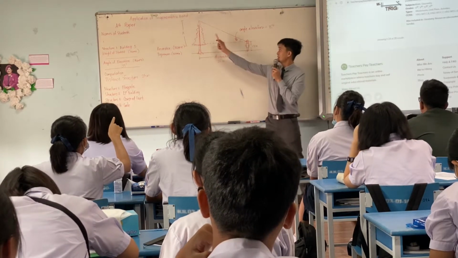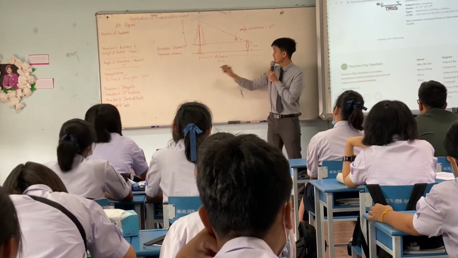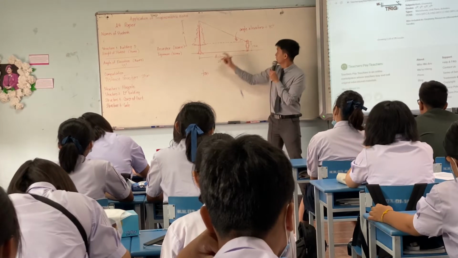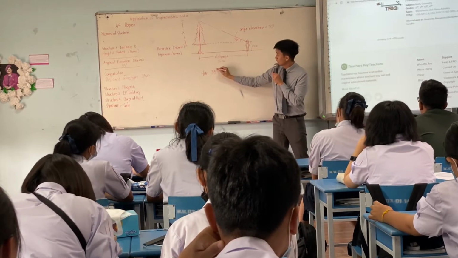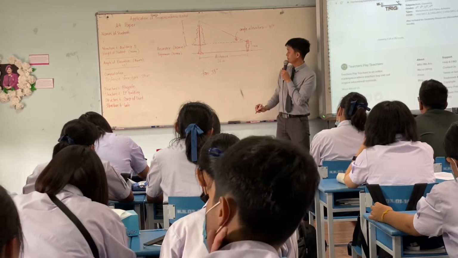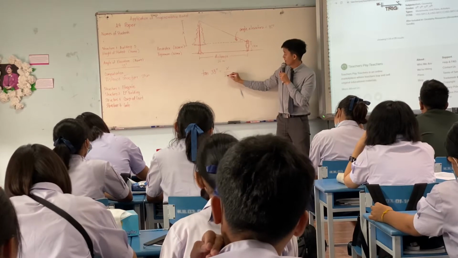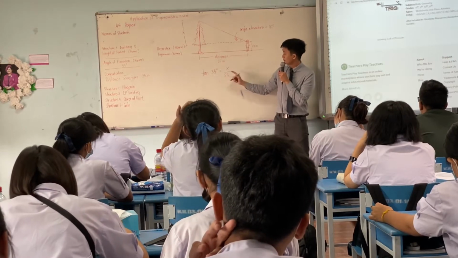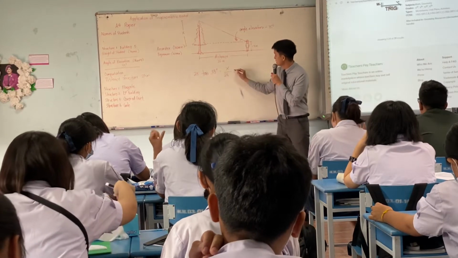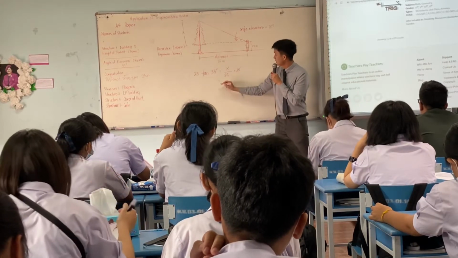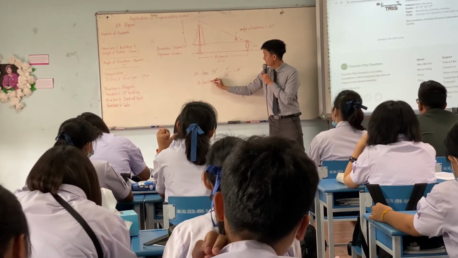We can use the tangent of the angle of elevation, 35 degrees. What is the opposite side? X, very good. And the adjacent is 25. So how can we compute x? Let's multiply 25 on both sides. So x equals 25 tangent of 35 degrees.